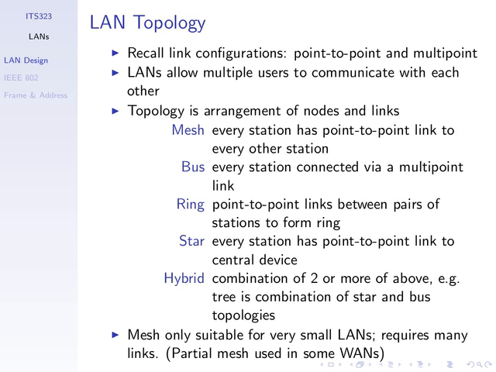So if we have just 100 computers in SIT, which is about reasonable, and we want to connect them in a full mesh topology, we need almost 5,000 different cables going across the campus. That's a lot of links.